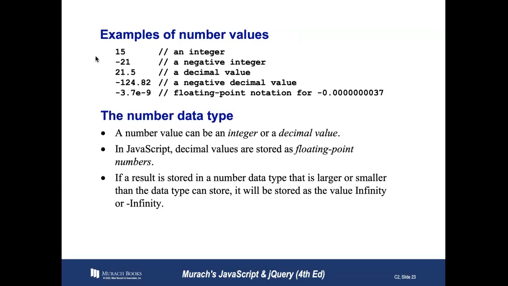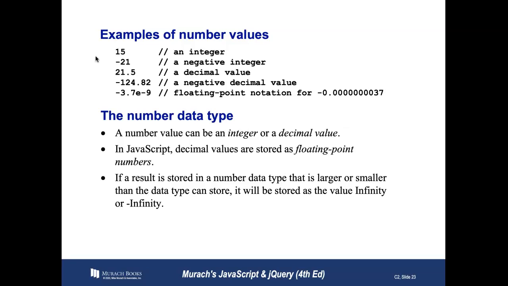These are examples of number values. So 15 is an integer, minus 21 is negative, 21.5 is obviously a decimal, a negative decimal value, and floating point notation at the bottom there, which we'll be going over in one of our homework assignments. So numbers can be integers or decimals.